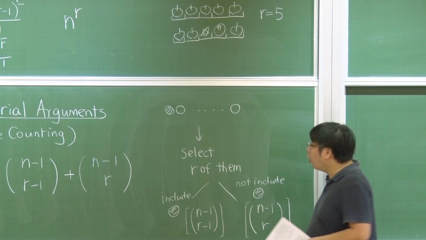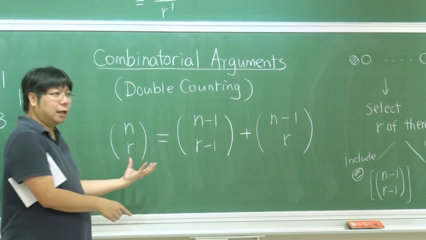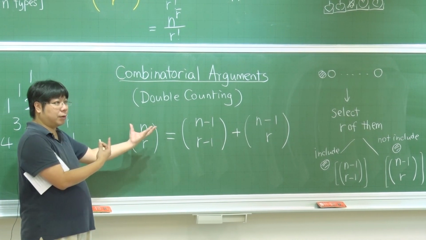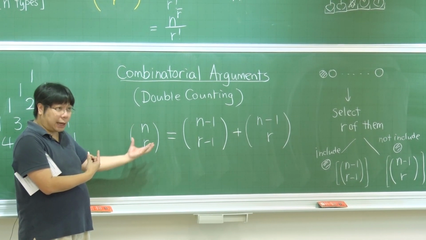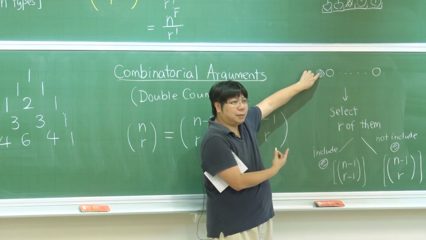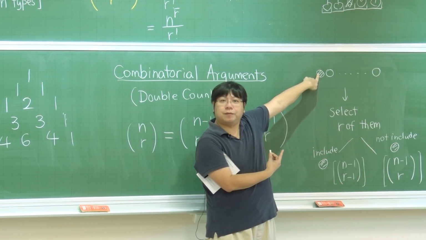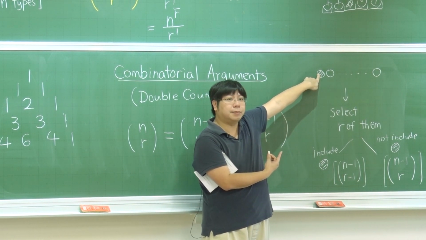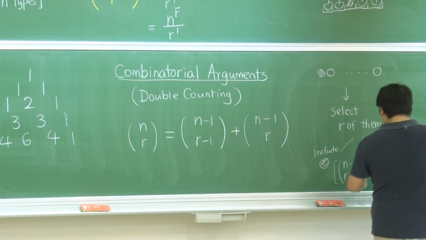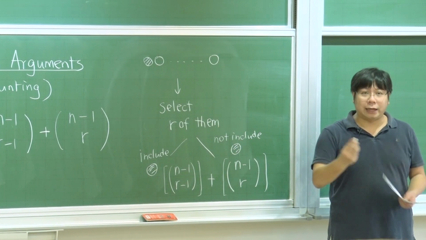So the normal way, the first type of counting, is just to select R balls from n balls, so n choose R. But in your story, you can create a special item, so that after creating a special item, you have a different way of counting the number of ways to choose R items. You add these two together, and this is the number of ways. So we get this identity.